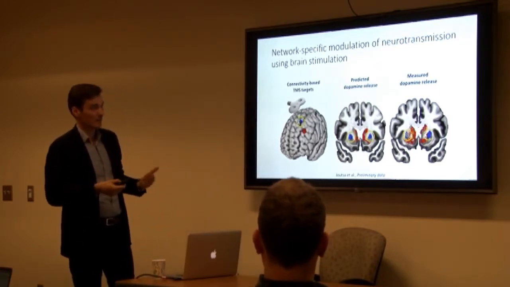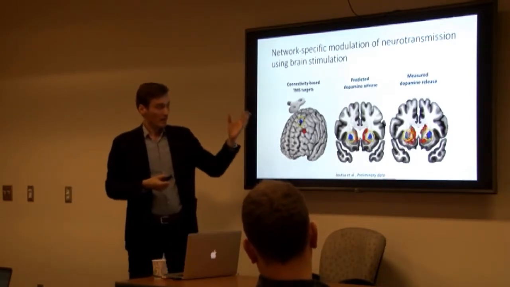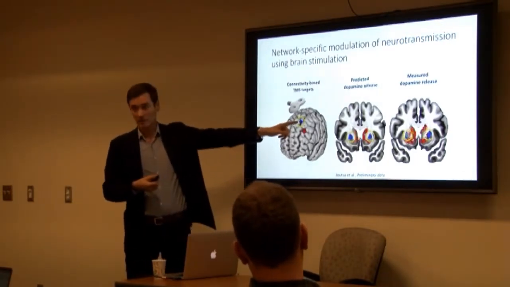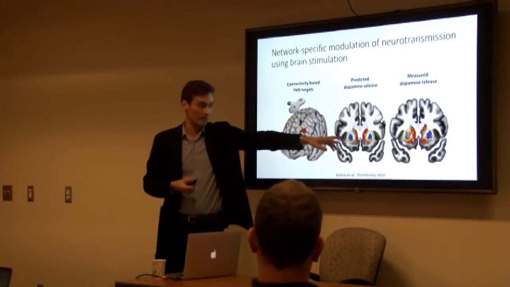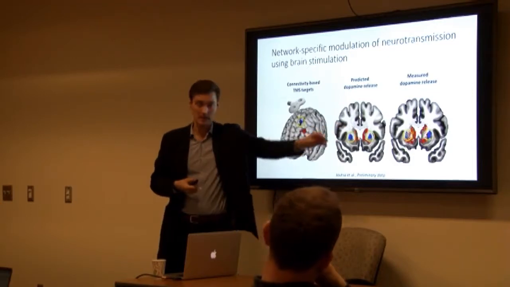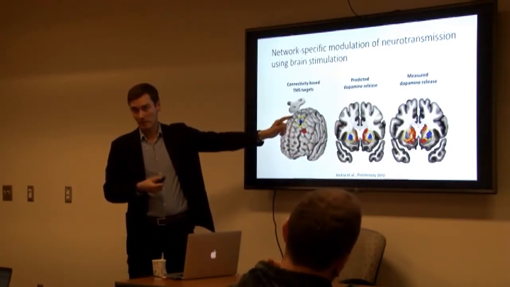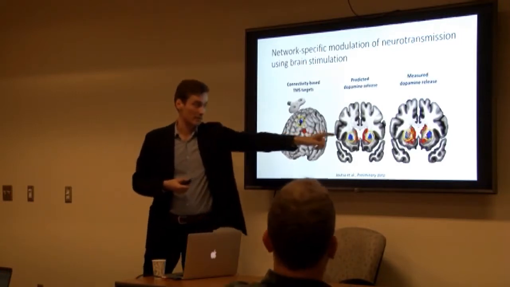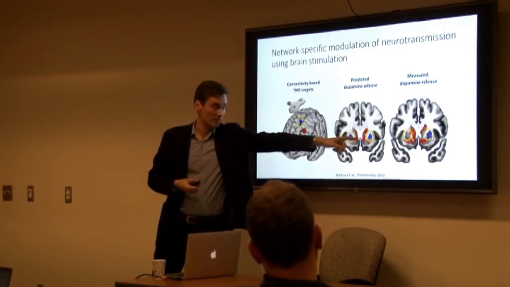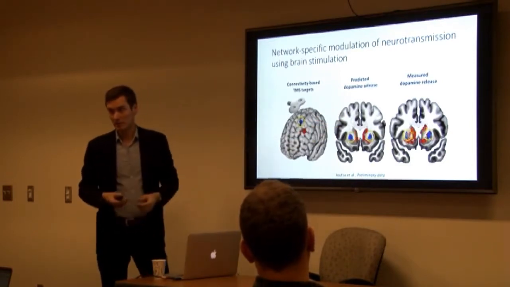But in this case, it looks really promising. So after stimulation to the blue side, we predicted that we would see dopamine response in these blue regions, and that's exactly the case. Same with after stimulation to the red target, which is connected to the striatal red targets, we saw dopamine release in those regions.